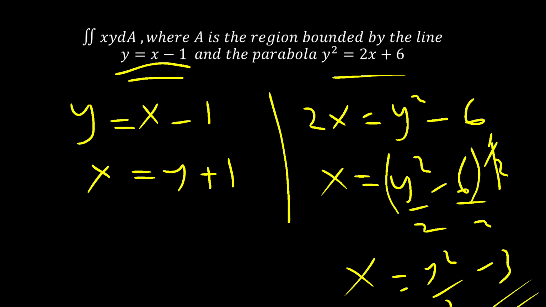If we really now want to get the intervals for y, because these functions express the same x, then we can equate them. And we'll say y plus 1 is the same as y squared divided by 2, take away 3.